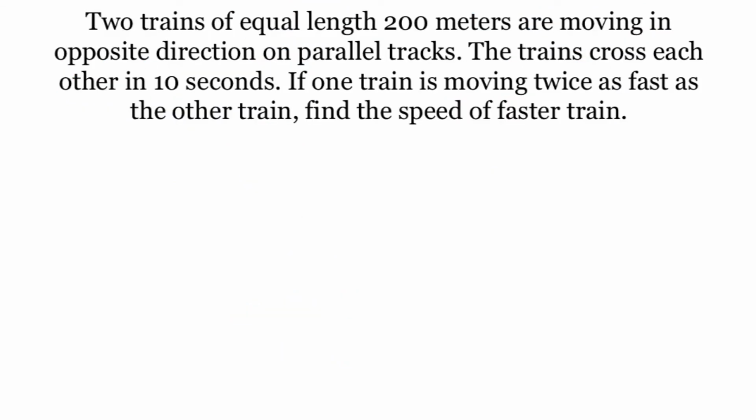Two trains of equal lengths, 200 meters, are moving in opposite directions on parallel tracks. The trains cross each other in 10 seconds. If one train is moving twice as fast as the other, find the speed of the faster train. If one train is moving at s kmph, the other train is moving at 2s kmph. And requirement is speed. Formula: speed is equal to distance by time.